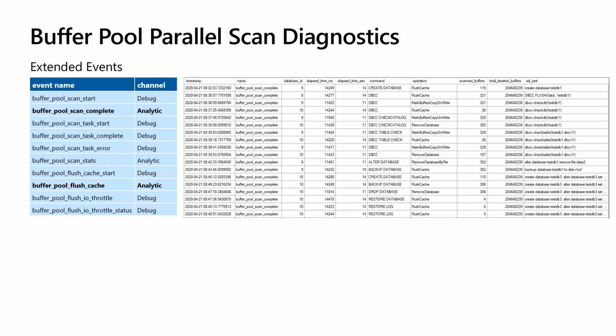The events in bold are already available in SQL Server 2016 SP3, and the other events in the debug channel specifically support buffer pool events for SQL Server 2022. The main event to focus on is the buffer pool scan complete event, which is fired when a buffer pool scan takes longer than a second to complete. This event contains the elapsed time, parallel tasks, the number of scanned buffers, the command, and the operation.